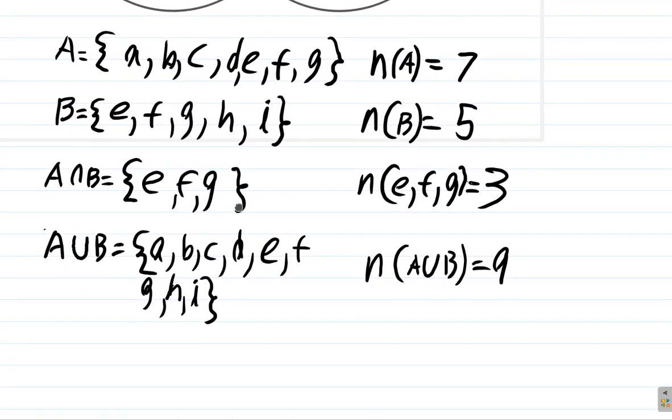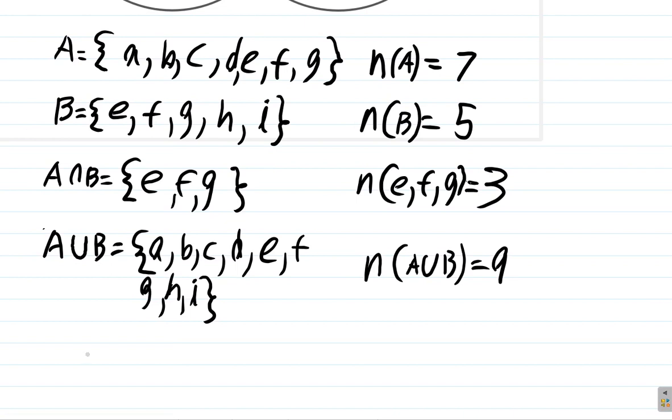Alright? In other words, if we say what's the number of elements in A union B, we would have to say it's 7 in A plus 5 in B. But being that we double counted E, F, and G, we have to remove them.